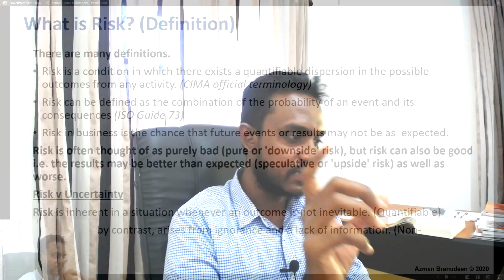You know how it's very difficult to predict the weather these days, because climate change is a massive thing, and there is always uncertainty. 20 years ago, weather predictions were spot on. They'd say it's going to rain at 4 o'clock, and it's probably going to rain at 4:15 or whatever. But nowadays, that's not the case. So there we have the difference between what exactly risk and what exactly uncertainty means.